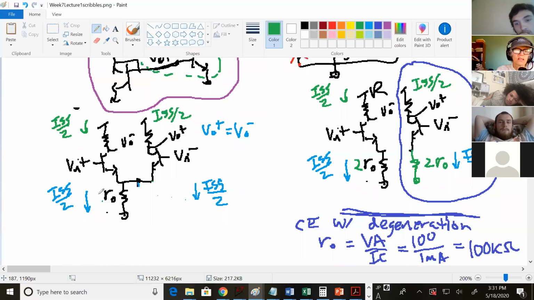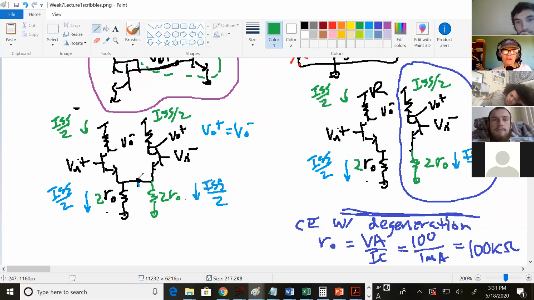And I claimed this is true, what I just erased: when you put two resistors of size twice the size in parallel, it comes back to just RO for the perceived resistance.